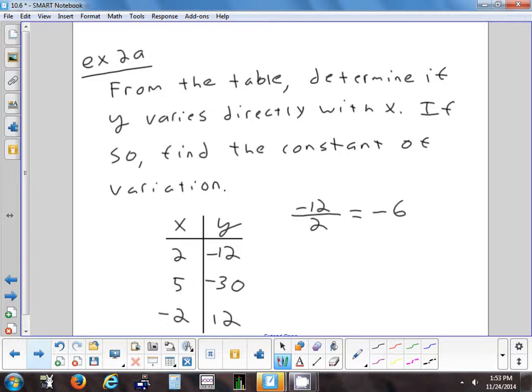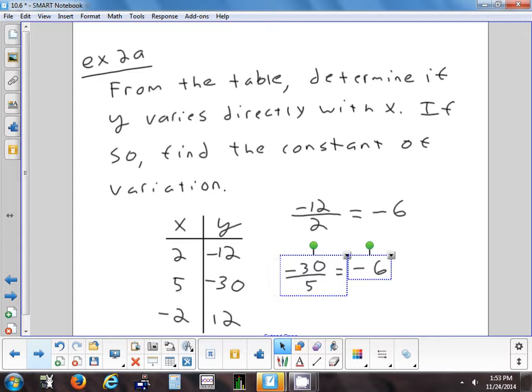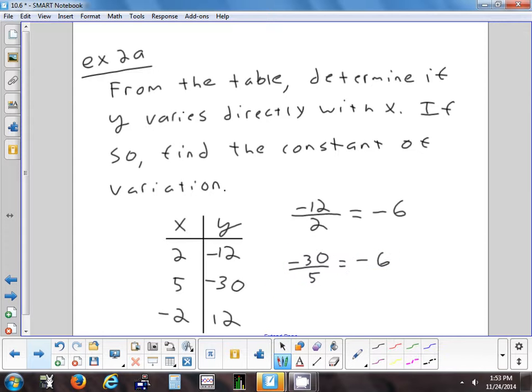Okay, what's my calculation for the next row? Negative 30 over 5. What's negative 30 divided by 5? Negative 6. Okay, so far so good. Let's check it one more time.